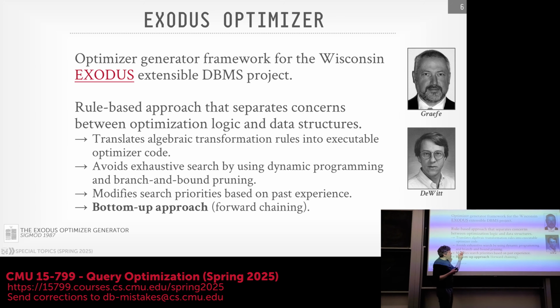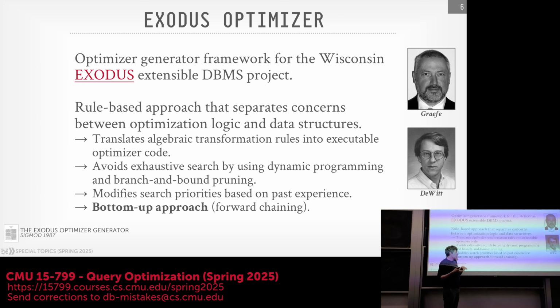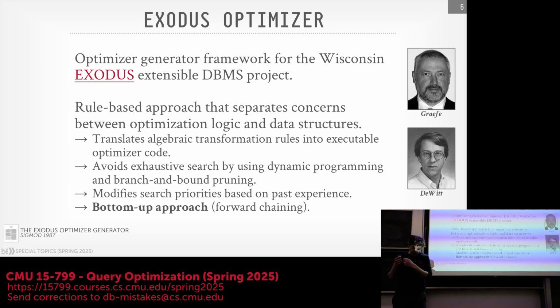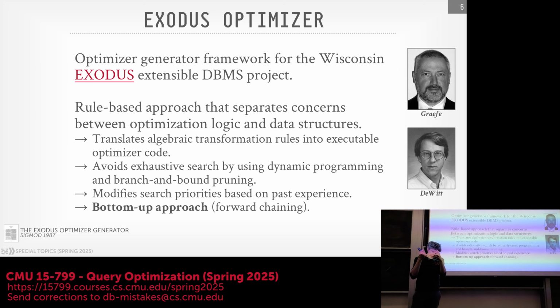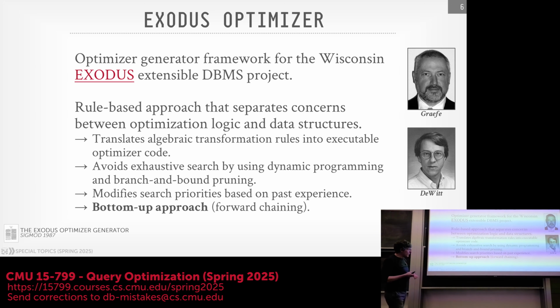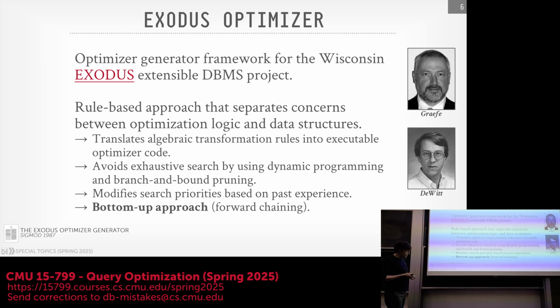And we're going to avoid exhaustive search in the way that System R was doing, not by throwing away plans we maybe don't want to look at, like bushy join trees, but by using a dynamic approach and branch-and-bound pruning to identify whether we have seen this path in a tree before. Although Exodus is not going to do a good job at that; Volcano will do better. And if I traverse down a tree, is it never going to be better than the best query plan I've seen so far? You try to avoid those unnecessary computations.